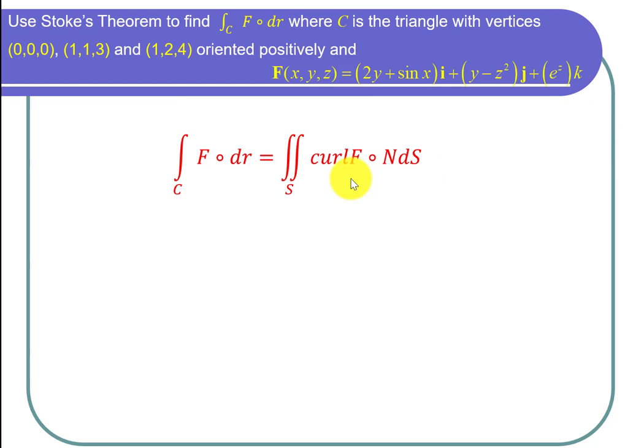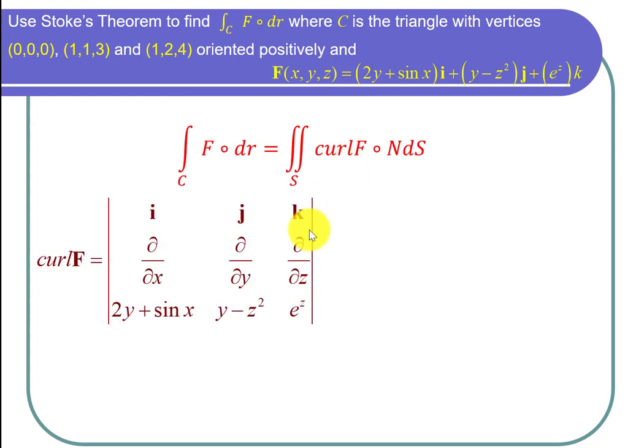So we need to find the curl of F. To do that, the curl of F is the cross product of the vector del x, del y, del z crossed with F of x, y, z. So I write down the determinant of the matrix i, j, k, del x, del y, del z.